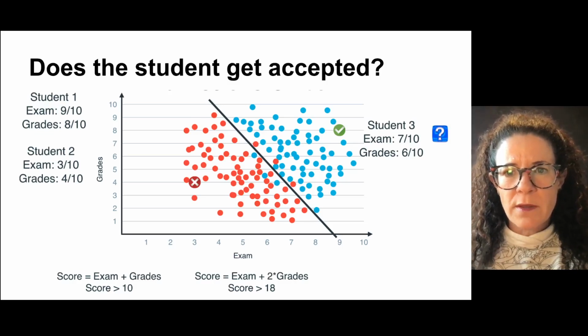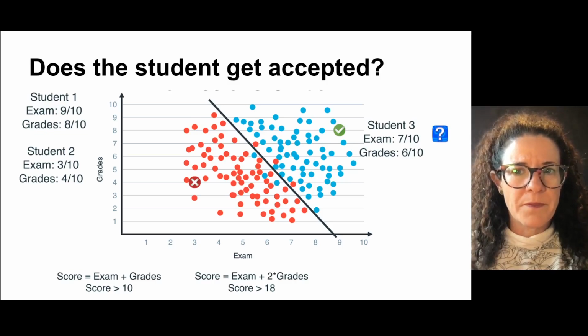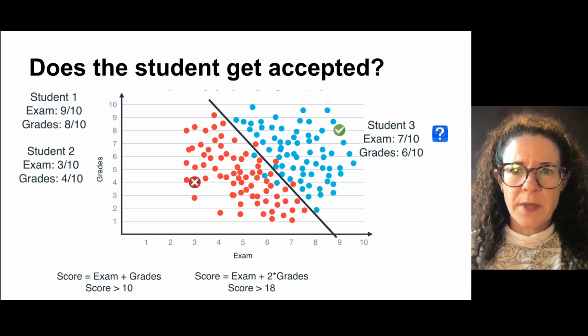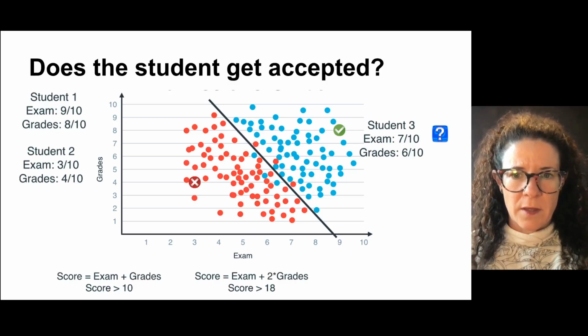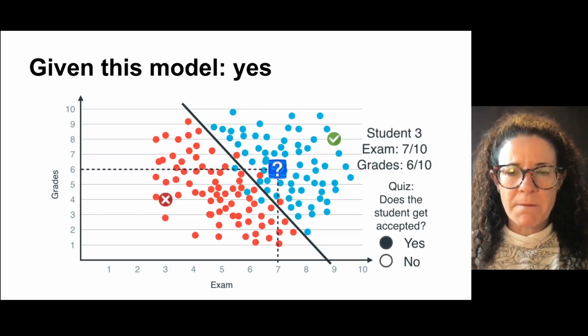So our student will get accepted in this particular model, because the exam and grades are over that line, so that student will be admitted, right?